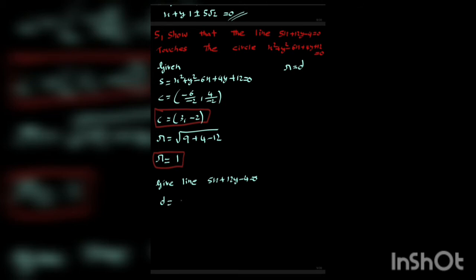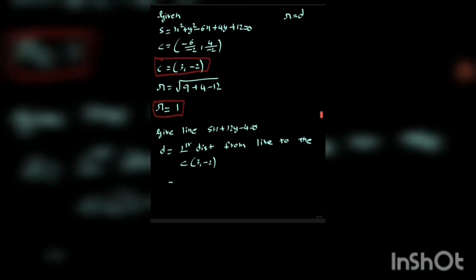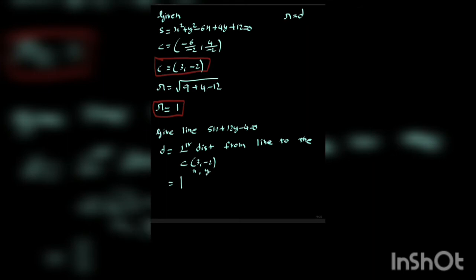So distance is the perpendicular distance from the line to the point C, that is (3, -2). So mod, this is x1, this is x and this is y.